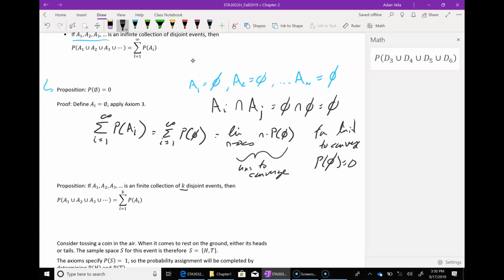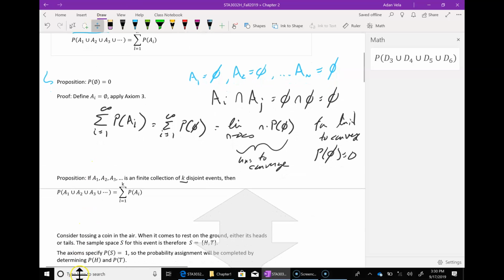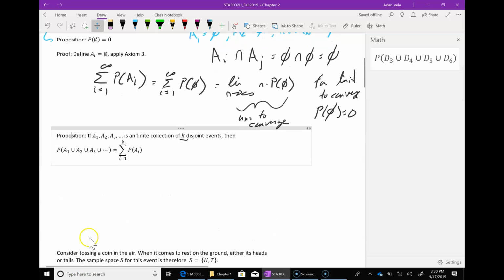What we can do is take A1, A2, A3, all the way to AK as they are.